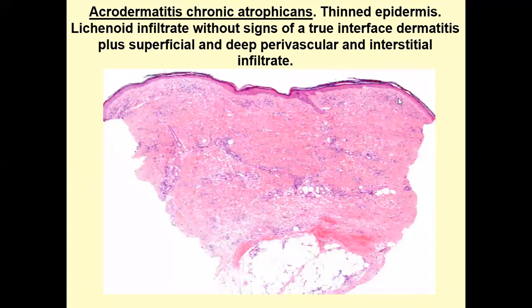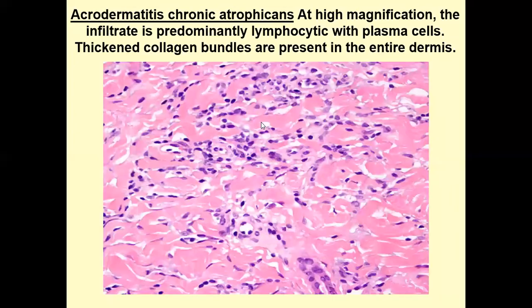Epidermis is atrophic, and there will be a band-like inflammatory infiltrate, but interface change is not very obvious. In addition to that, there will be superficial and deep perivascular lymphocytic infiltrate. So, in acrodermatitis chronica atrophicans, there will be atrophy of epidermis, but there will not be sclerosis like in morphea.